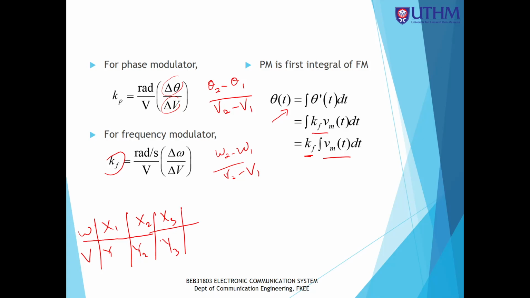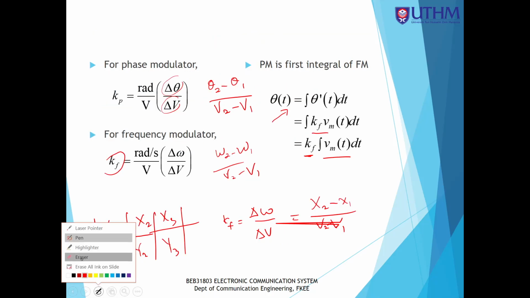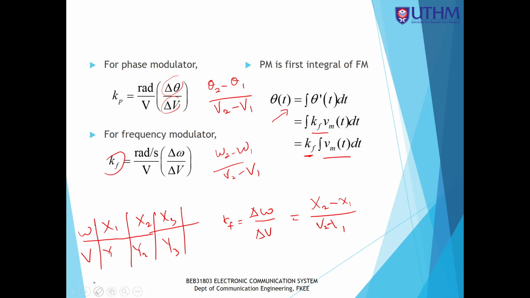To find Kf, Kf is equal to delta omega divided by delta V. So this is x2 minus x1 divided by V2 minus V1, or you can also select x3 minus x2 divided by V3 minus V2.